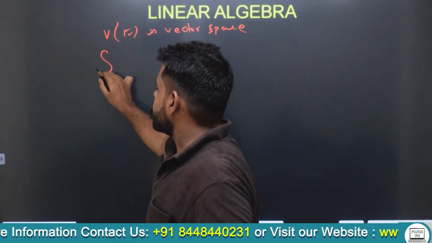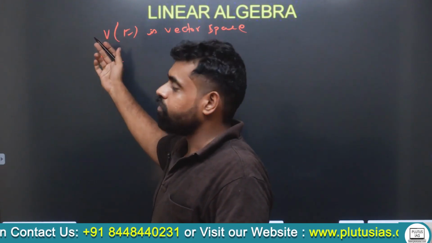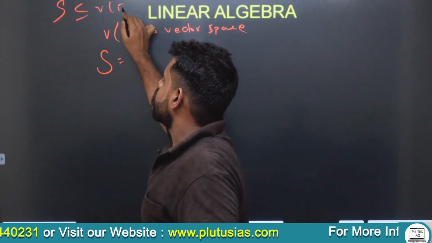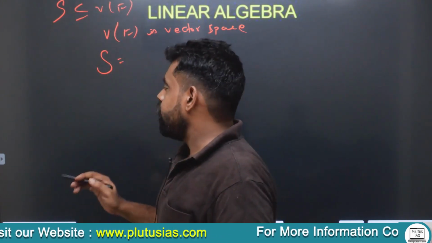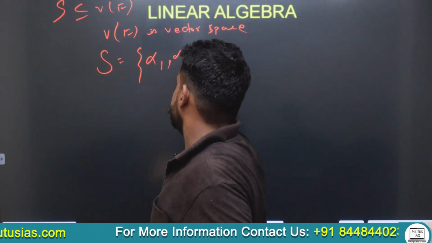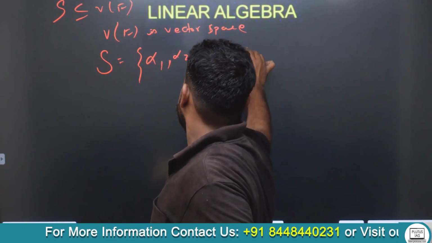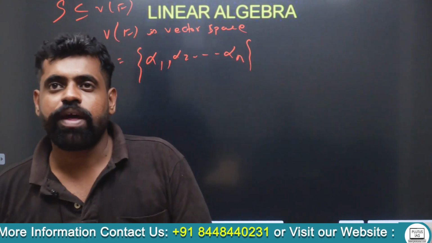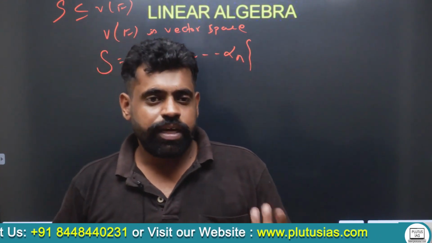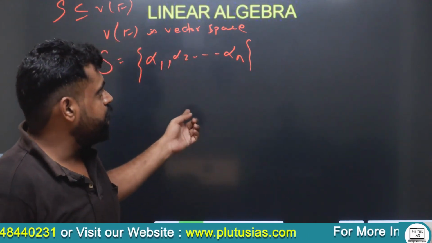Suppose a set S, a subset of VF. S is a subset of VF, and say it has n elements. It can have 2 elements, 3 elements, 5 elements. For generalization, in mathematics we study generalization only, so I have taken n elements.